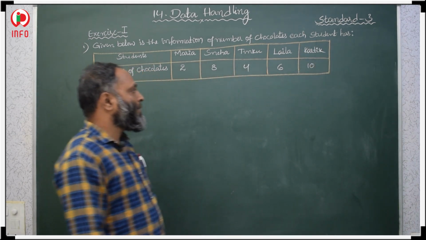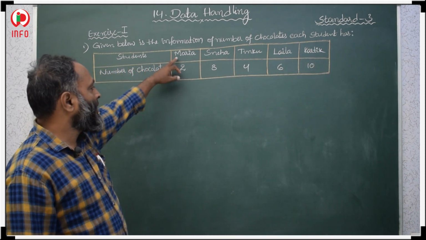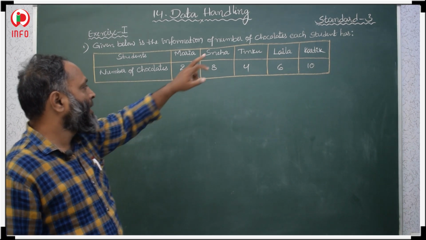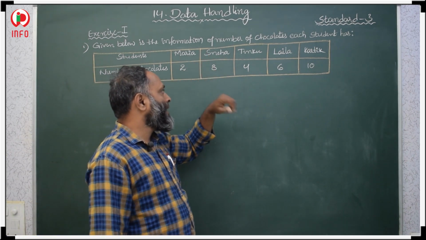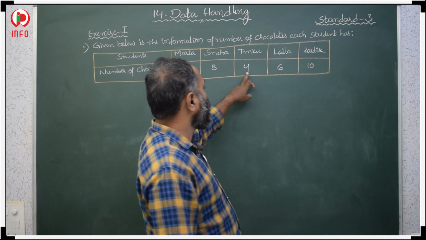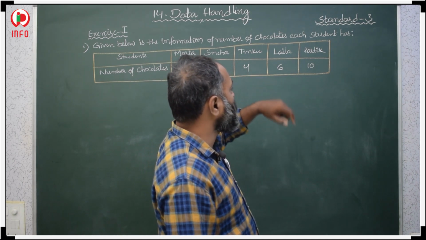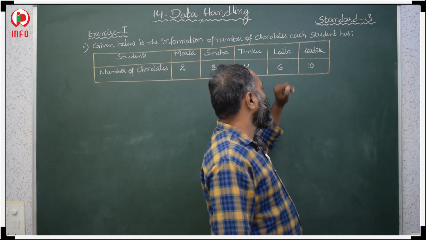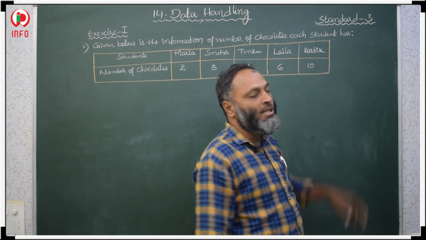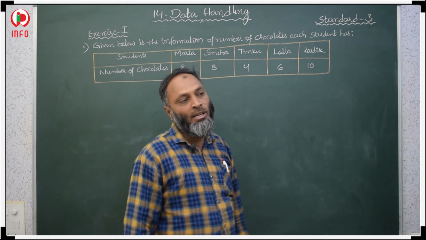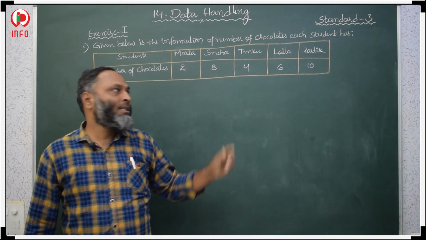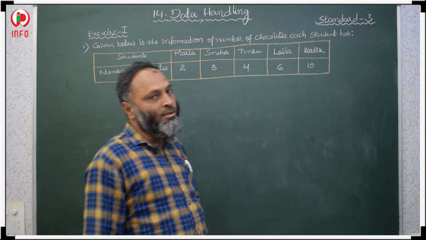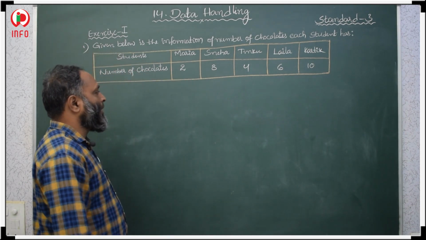So these 5 students have: Maria has 2 chocolates, Sneha has 8 chocolates, Tinku has 4 chocolates, Laila has 6 chocolates, Karthik has 10 chocolates. We should represent this information using a pictograph.